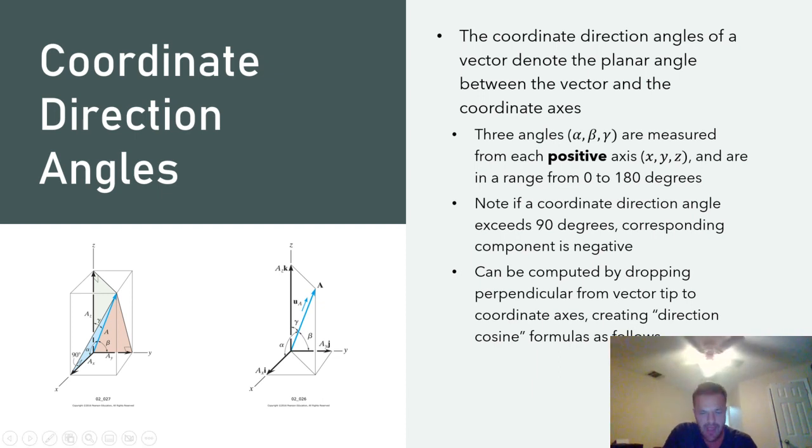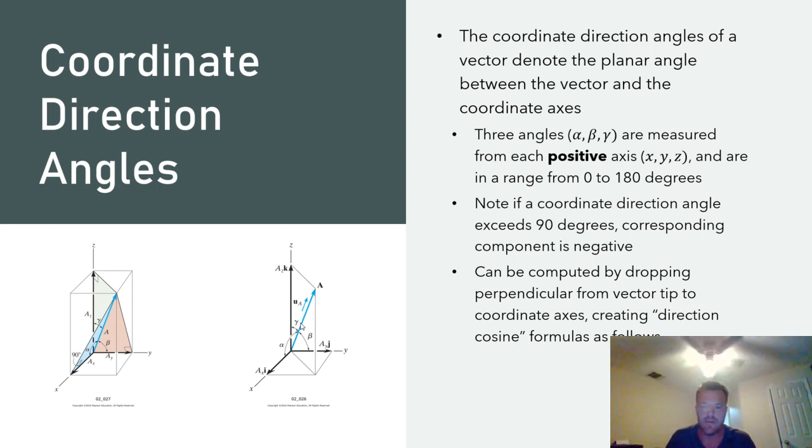So naturally, these coordinate direction angles, alpha, beta, and gamma, are always going to be between 0 and 180 degrees. If you have a coordinate direction angle that's bigger than 180 degrees, just report the other one, because the other one must be less than 180.